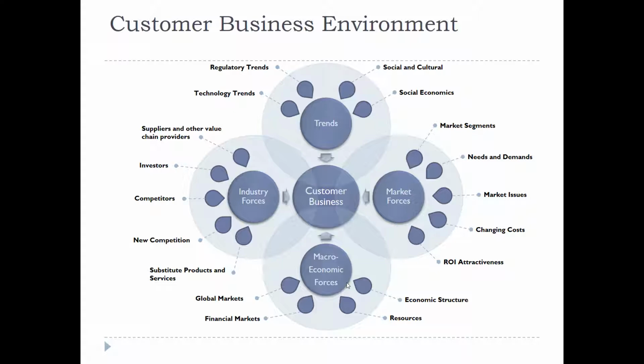Is it a good investment? Does it meet your hurdle rate? And then finally, the trends. Especially now, regulatory trends coming and going. What are they? Technology trends. We can do more with less, faster, more competitive with technology trends that are taking place in the market today.